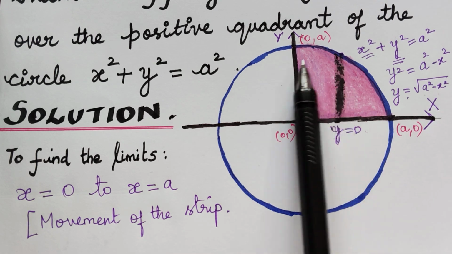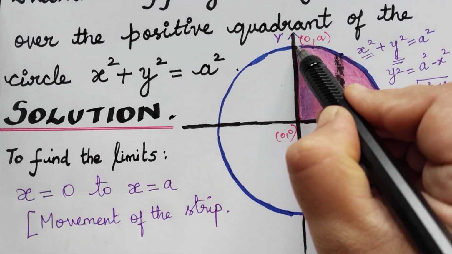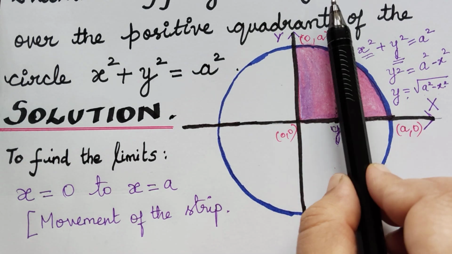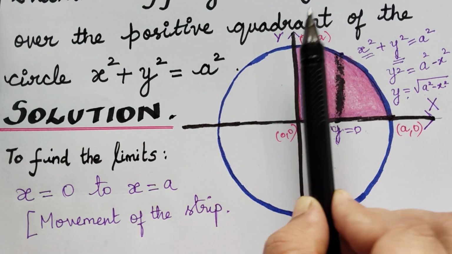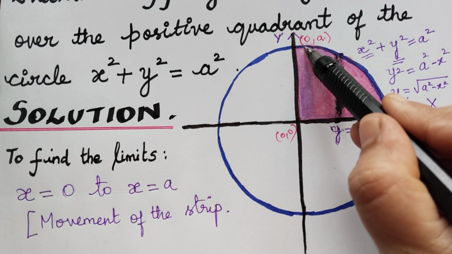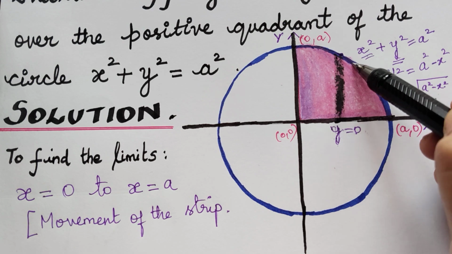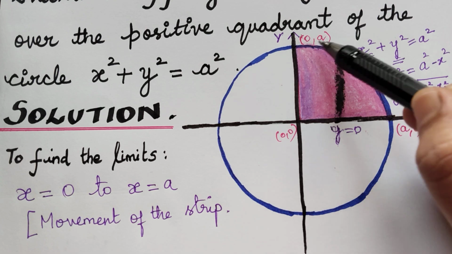And since this strip is moving, this point keeps on changing from here till here. As the strip moves, when it is here, we will have the value of y to be a. As it keeps on moving, the points also change. Depending upon the value of x, each corresponding value of y will be taken.